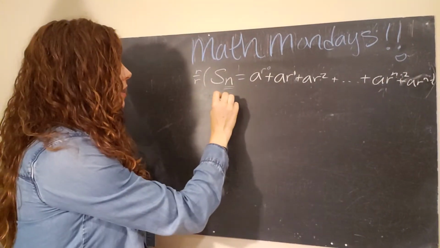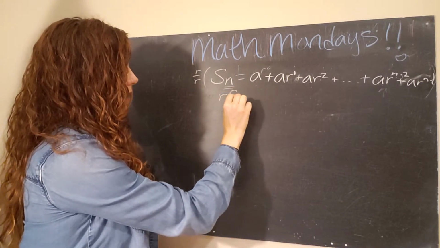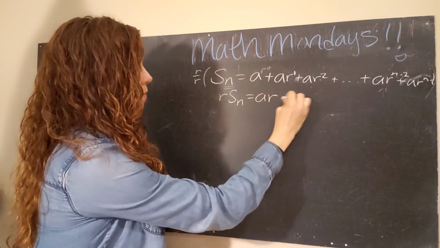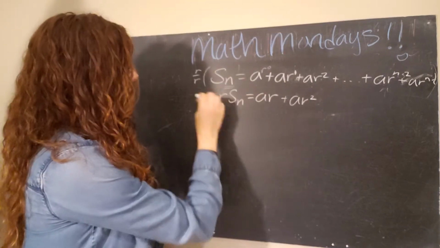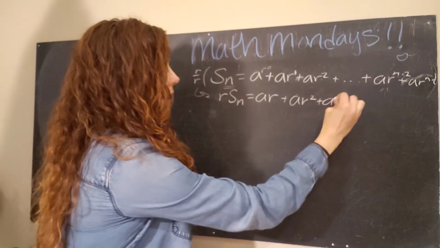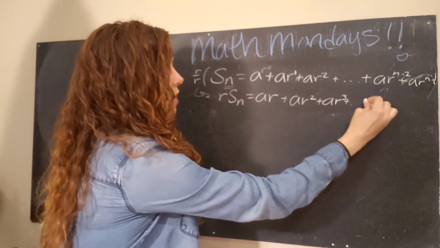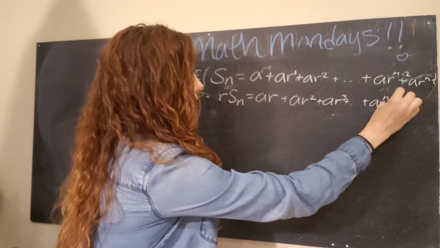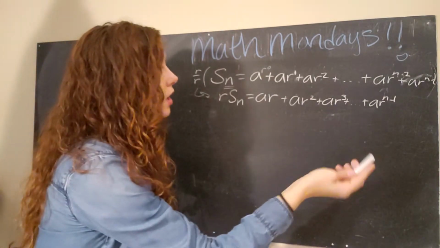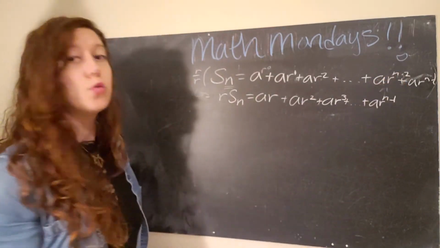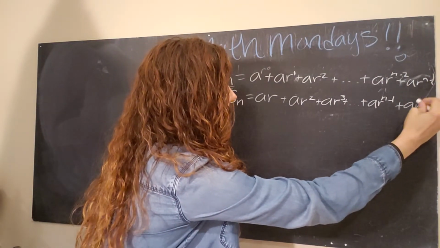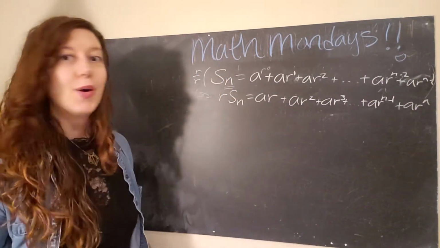And what we're gonna get is r times S_n equals a times r plus ar squared plus ar cubed plus ... plus ar to the n minus 1. This term has an extra r in it. So one of the r to the n minus 2 becomes an r to the n minus 1, and the last term becomes a times r to the n. Pretty cool, right?